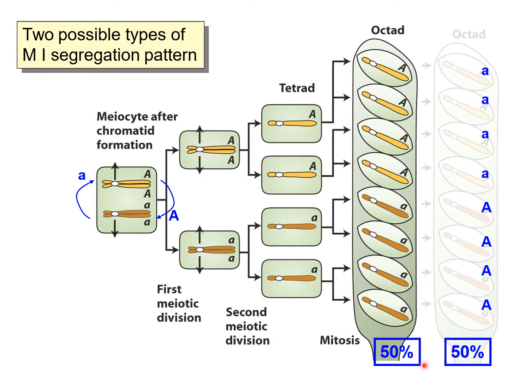So there is a 50% chance that we may get either this kind of ascospore arrangement or this kind. But these two types of arrangement are the result of the M1 segregation pattern. In both cases, the alleles get segregated after the first meiotic division.